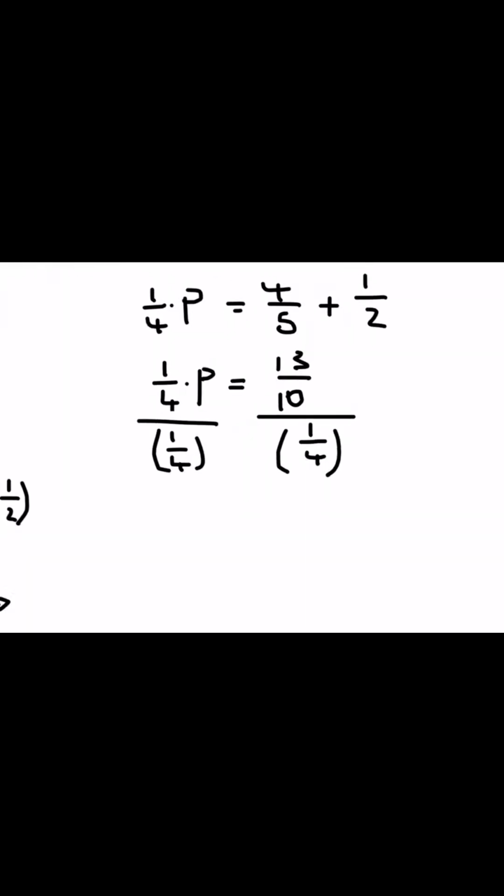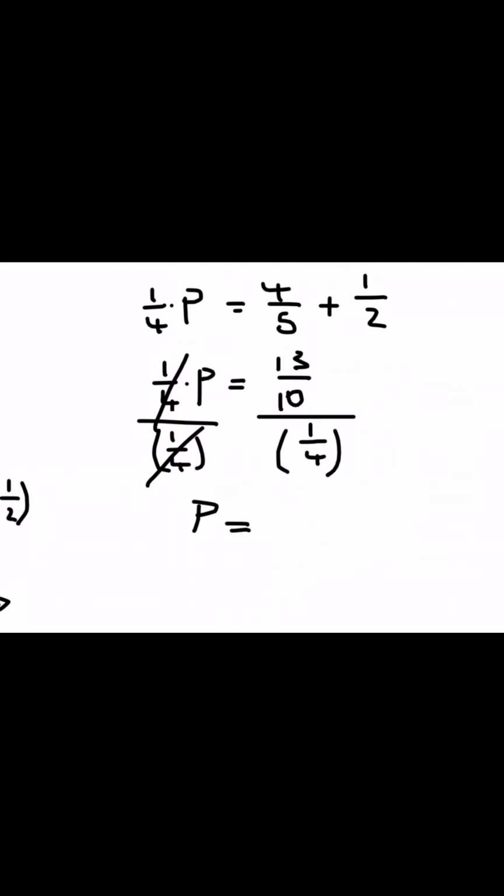On the side you plus it by 1 over 2, and then you get 13 over 10. So now you just remove that coefficient of 1 over 4, but just remember to put it inside the brackets. Whatever you do on the left, you also do on the right. So can you see now that cancels completely with that? You remain with p, which is what you are looking for.